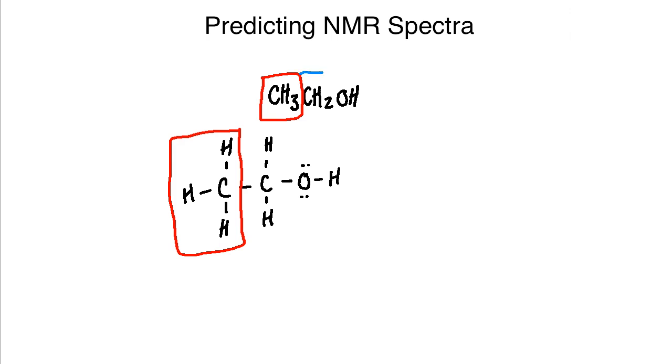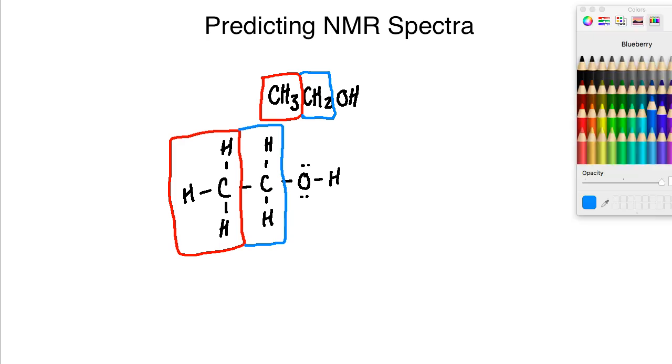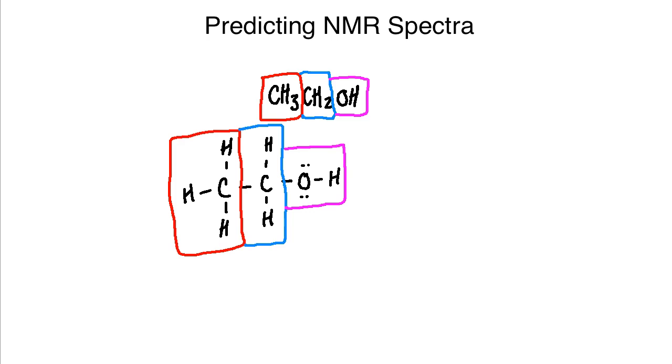I then have a CH2 group here. So that's going to be the next chunk that I'm going to look at from a spectrum standpoint. And then finally, I've got my OH group. Right? So those are going to be the three major portions that I examine when I'm attempting to put together this spectrum.